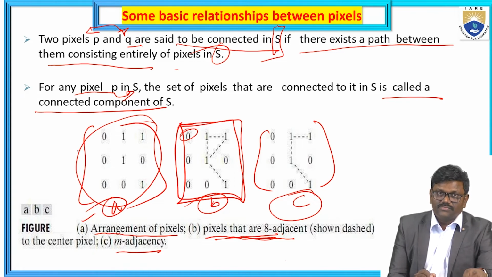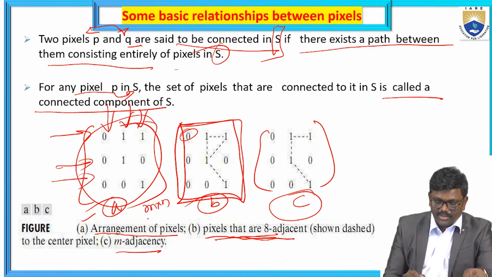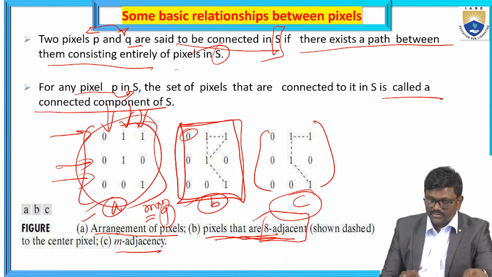So 3 rows and 3 columns, m by n, where m equals 3 and n equals 3. How many total pixels will come here? 9. Out of 9, what we want to concentrate on is the adjacency of the pixels, 8 adjacency.